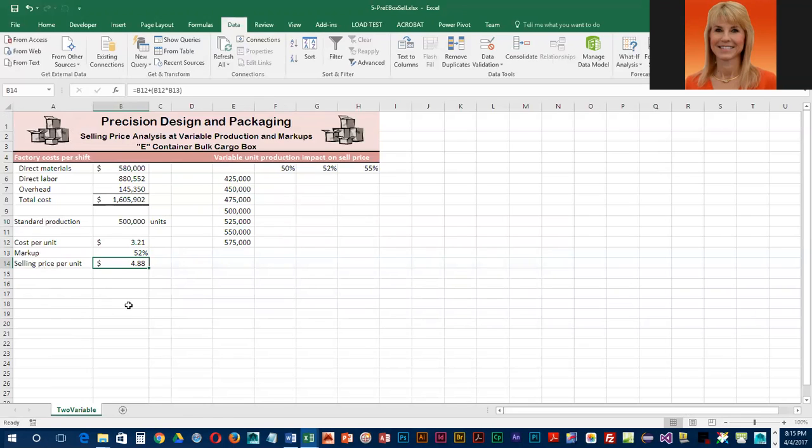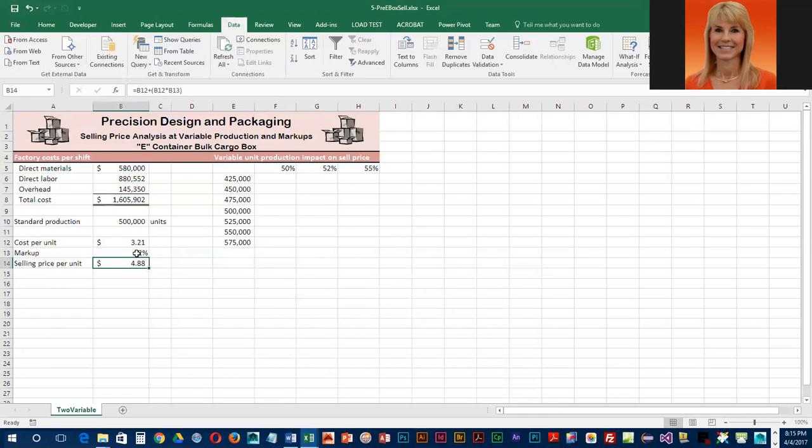Okay, so what this is asking is for these different costs and these different markup percentages, how is that going to impact my selling price?